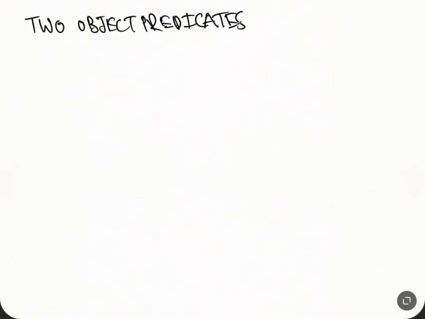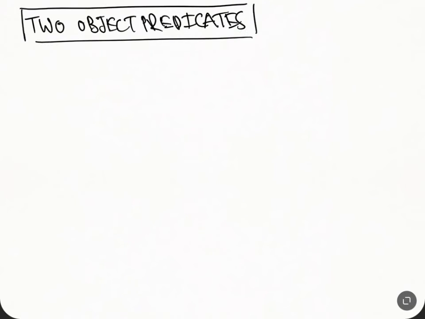I have not talked about conditions on objects. Then we need one-object predicates too, but I guess we can start with two. Here's a simple one.